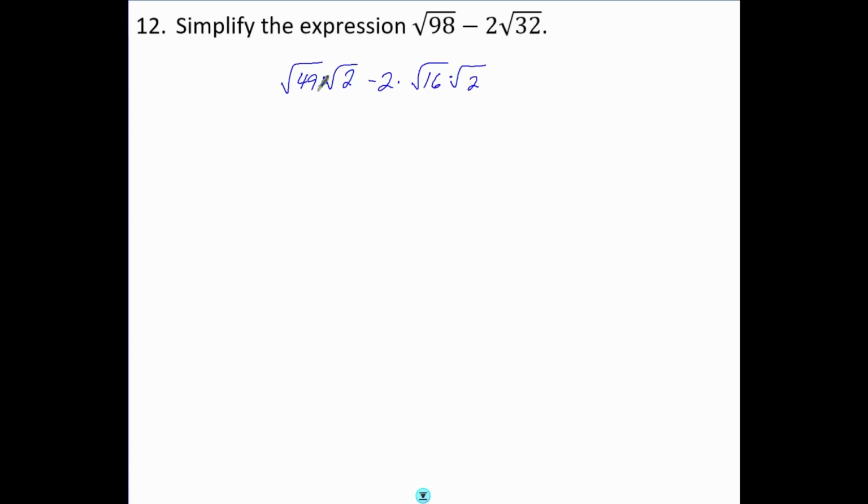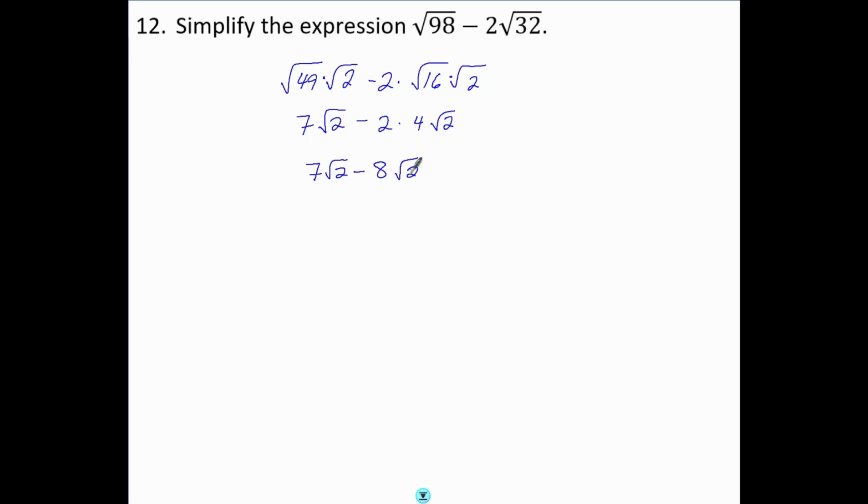So let's write out everything I have. I have the square root of 49, that's 7, times the square root of 2, minus 2 times the square root of 16, that's 4, times the square root of 2. Right here I can simplify 2 times 4. So I have 7 square root of 2 minus 8 square root of 2.